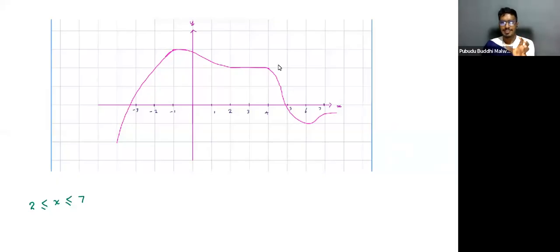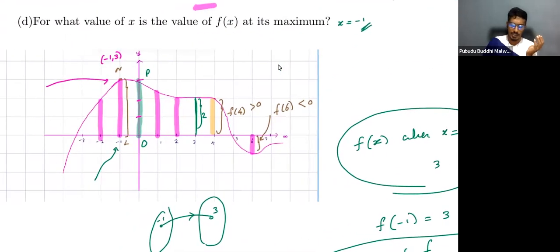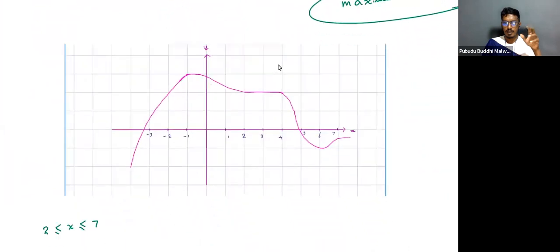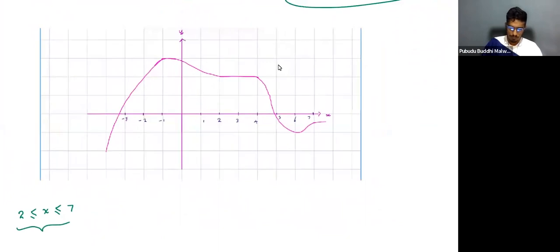Okay, right. Let's modify this question a bit. Previously we solved this problem for the entire interval, which means minus infinity to plus infinity, for all x values. But now I'm going to restrict x values from 2 to 7, which means I'm focusing only on this part, 2 to 7.